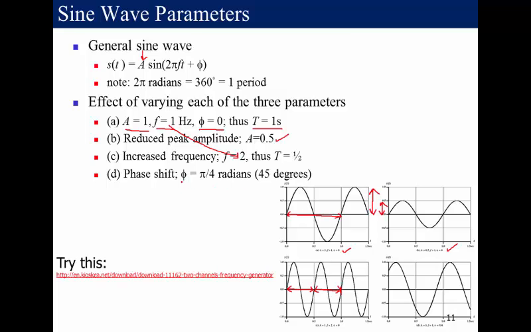We can think of phase shift. Pi is 180, right? 180 divided by 4, then a 45-degree difference. If we put this here, then it shifts earlier.